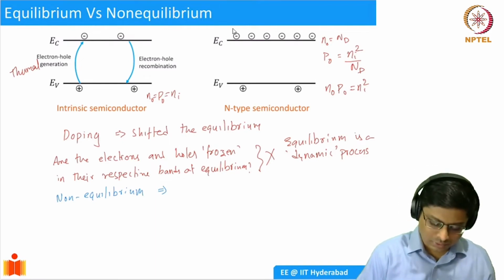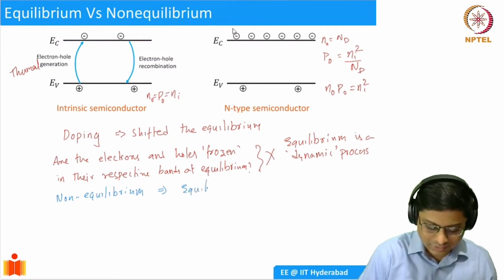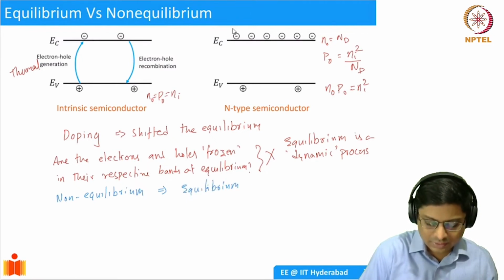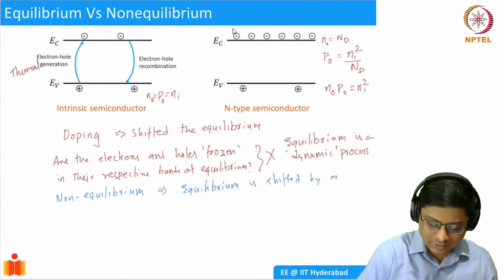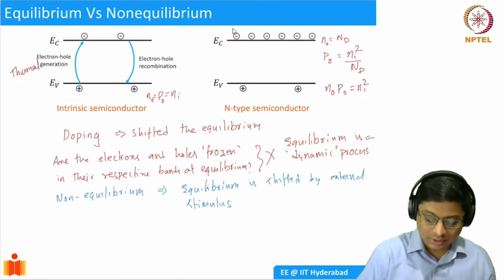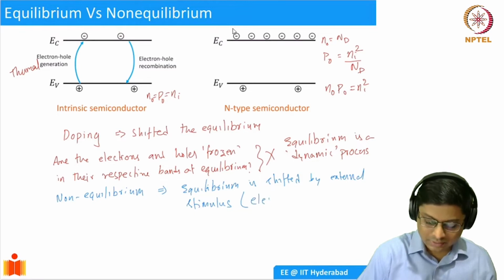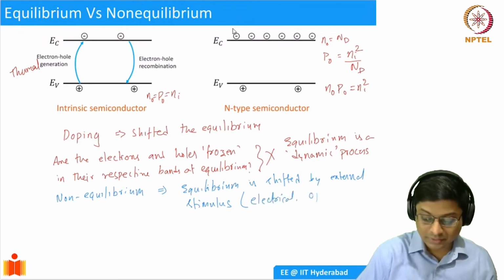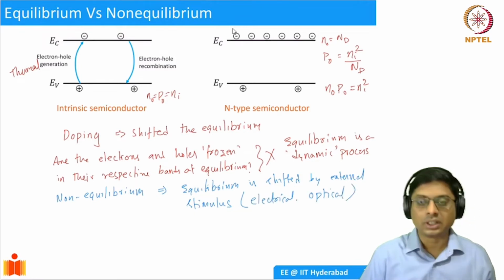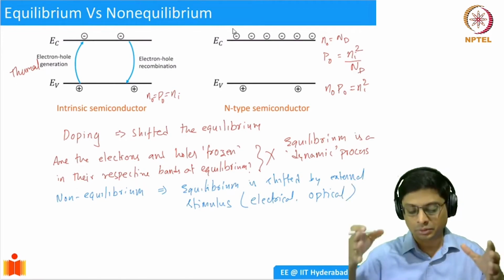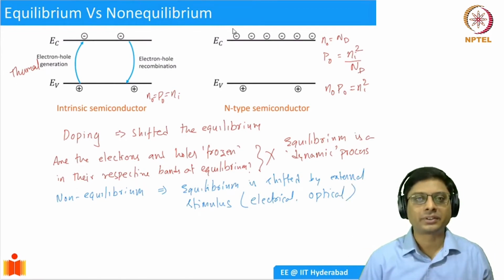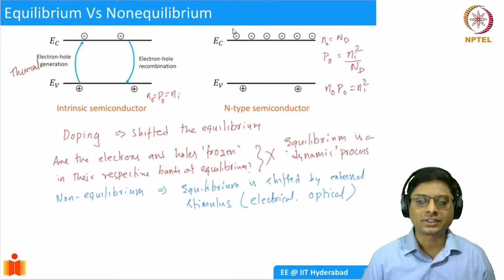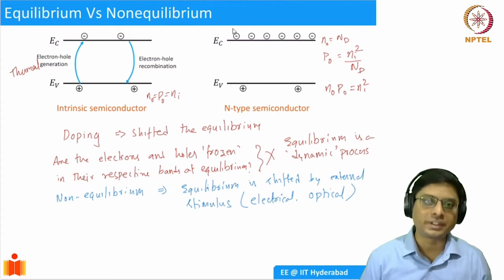So the equilibrium is shifted by an external stimulus, which could be electrical or optical. We have seen this many times already. If you shine photons, you're able to introduce electron-hole pairs, which are in excess of the existing equilibrium carrier density. So it's an external stimulus and we are taking the semiconductor out of equilibrium.